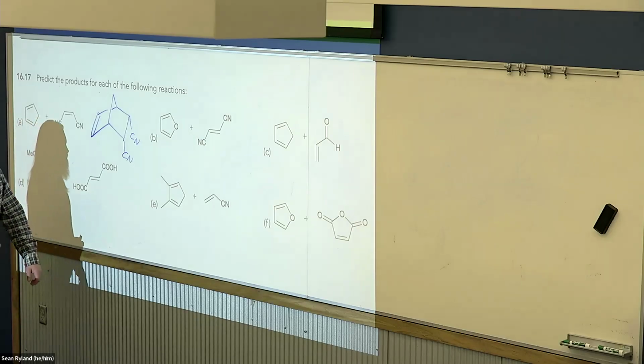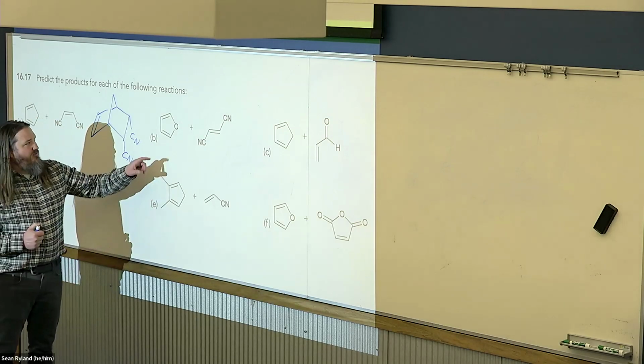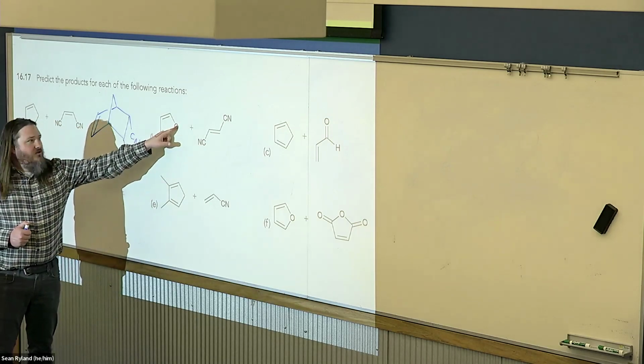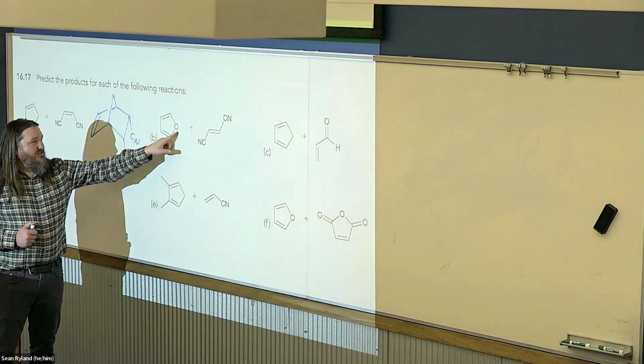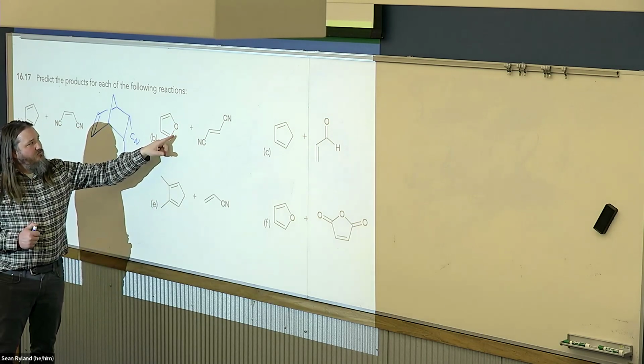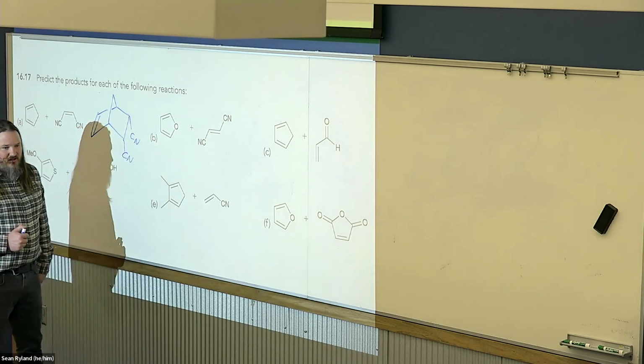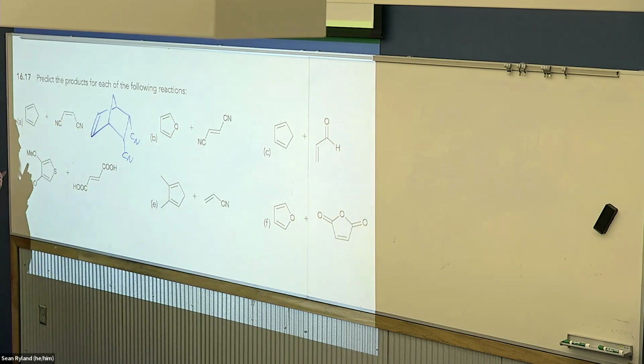And so some of these, the diene looks a little bit different. So for instance, this is a furan rather than just a cyclopentadiene, but it's still a diene, still a conjugated diene.